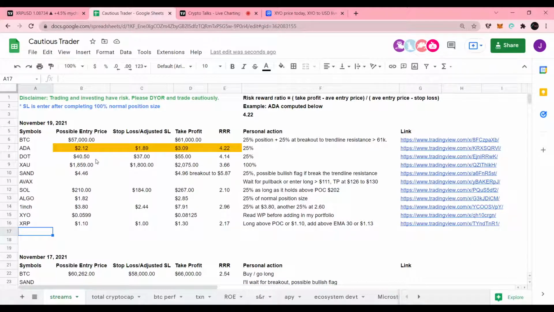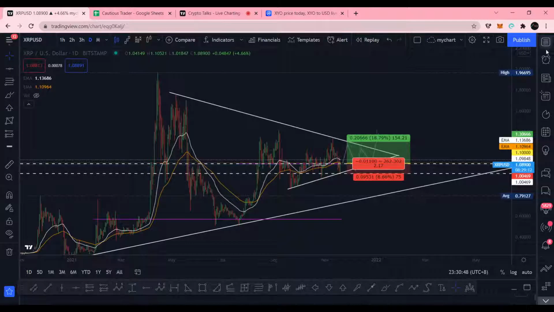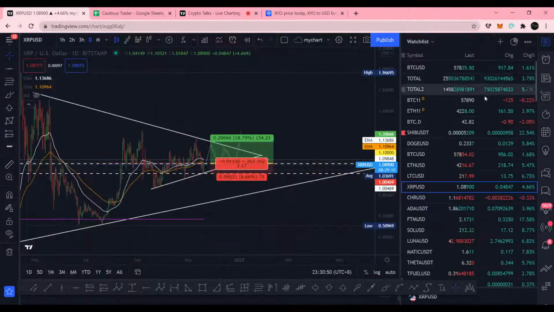As much as possible, like what I've mentioned, I don't want to add more on BTC or trade more on BTC because most of my profits came from trading altcoins, to be honest. Though I still have a long position also in BTC perpetual.